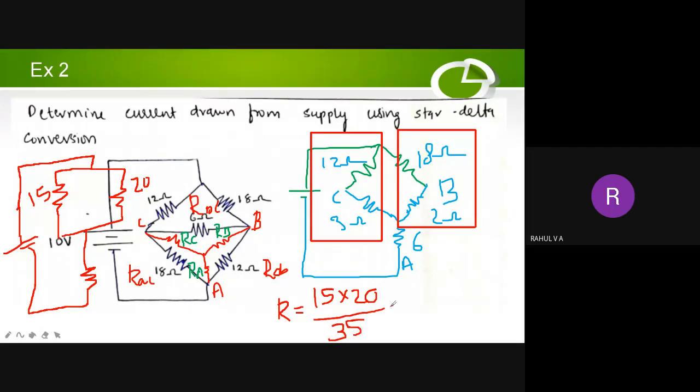Okay, so easily I can find out this. If I divide 35 by 5, it is 7, here it is 4. So tell me what is the approximate value? 15 into 4, it is 60, I guess. 60 by 7. What is the value of 60 by 7?